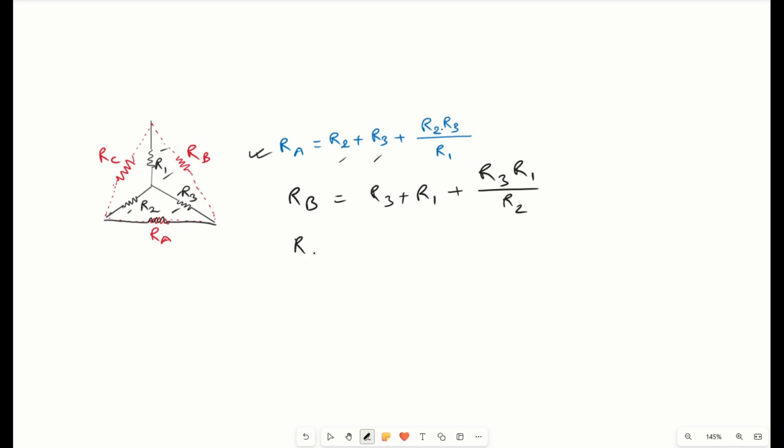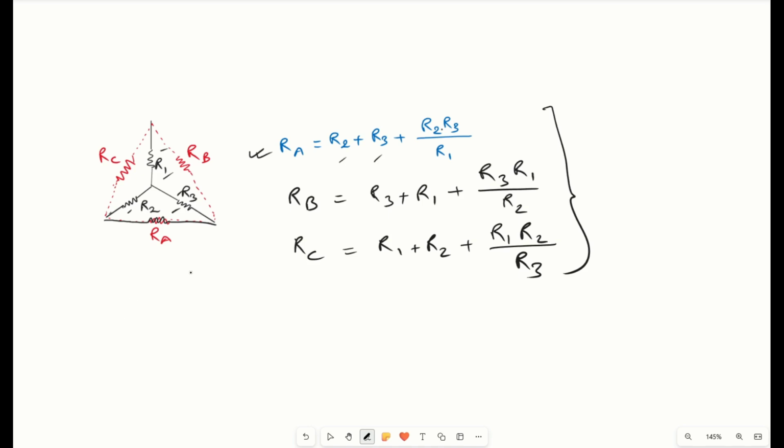Similarly, for Rc, it will be R1 plus R2 plus again multiplication of them divided by the remaining, which is R3. So using this logic, we can write down the formula without even remembering.